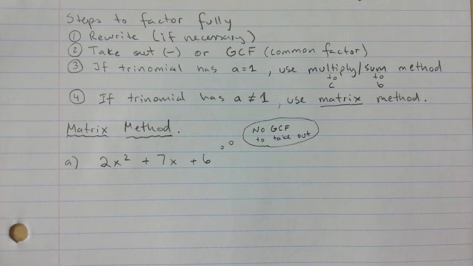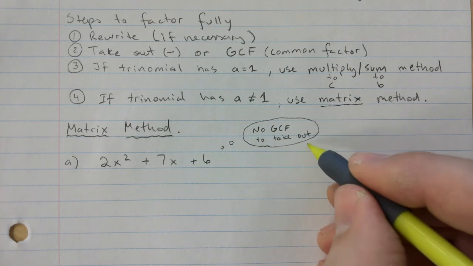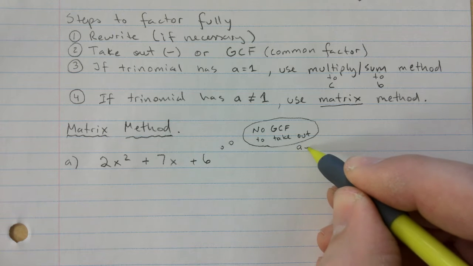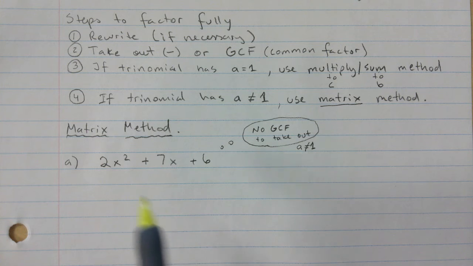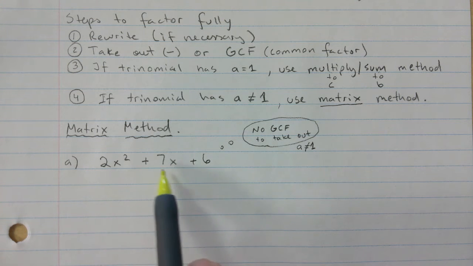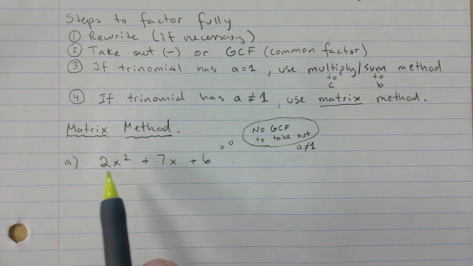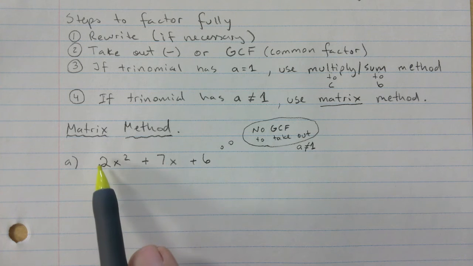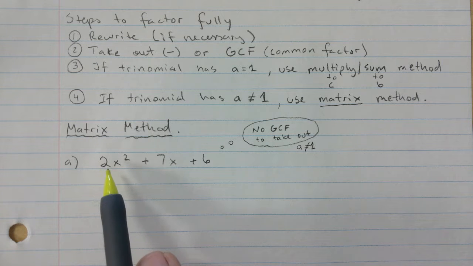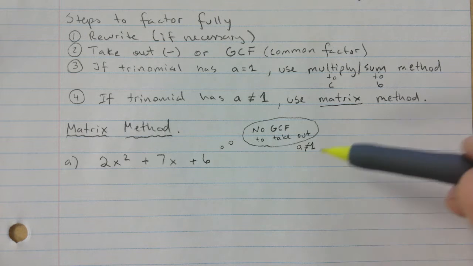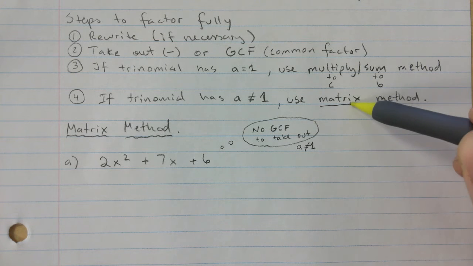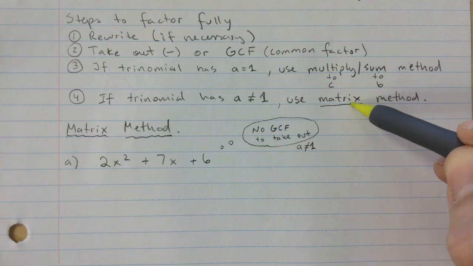And we notice that a does not equal 1. a is not 1, right? So you're trying 2. Can I take out a 2? No, 7 kind of ruins that for us. Can I take out a negative? No, because the x squared doesn't have a negative. I don't need to rewrite. There's no common variable, so I'm kind of stuck, right? So now this is the scenario where it's like, okay, I got to use the matrix method here.